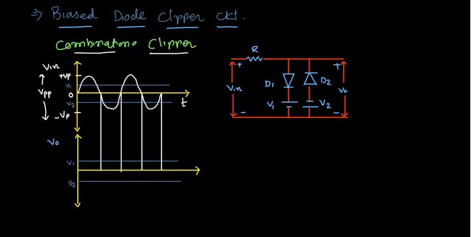Before that, I am also drawing these lines and points. These are going to be useful when we are drawing the input and output waveforms, because at these points diode D1 or D2 is going to become forward or reverse biased. These are the acting points, and from that we can draw the output waveforms.